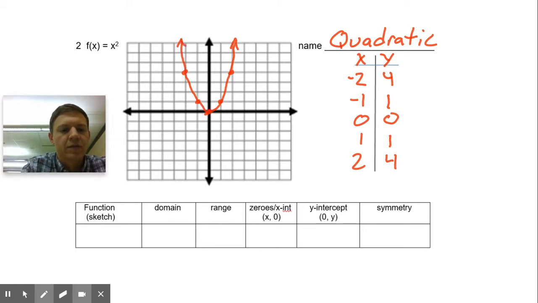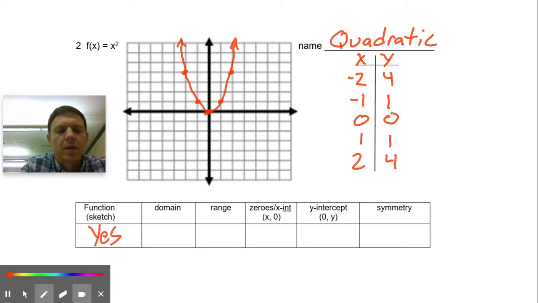All right, is this a function? Vertical line test, yes. The domain looks like x is all reals. The range, x has to be, or excuse me, y has to be greater than or equal to 0.